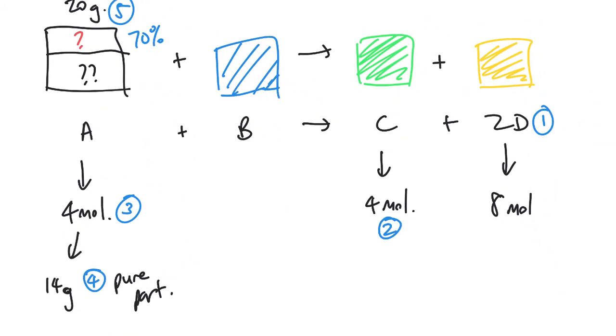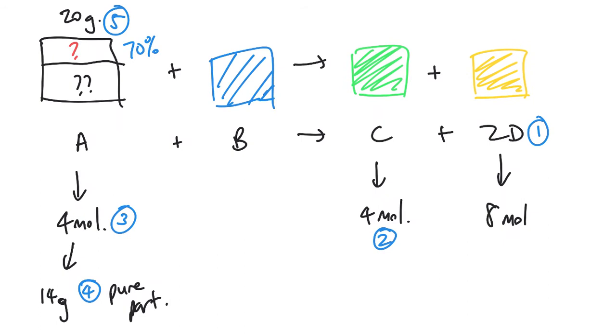Or if you don't know what the percentage is, then you can use the mass or the moles of a product to work backwards to work out the mass of pure substance of that reactant, and compare it against the total to work out the percentage purity of it. Okay? Happy with that idea?